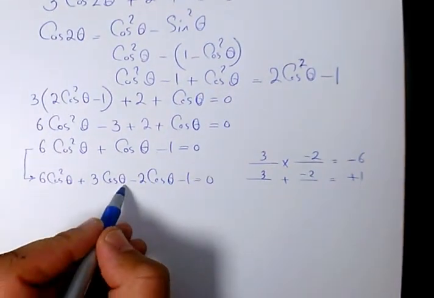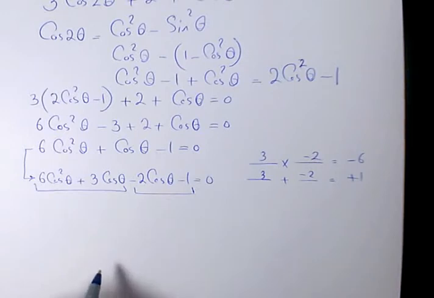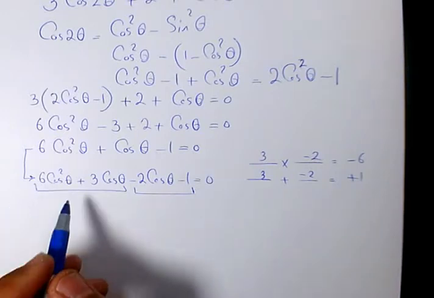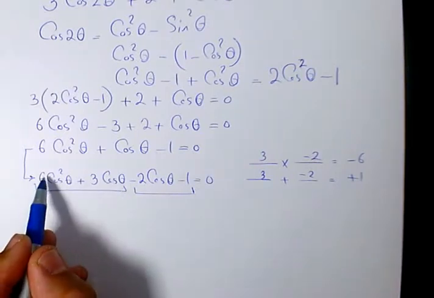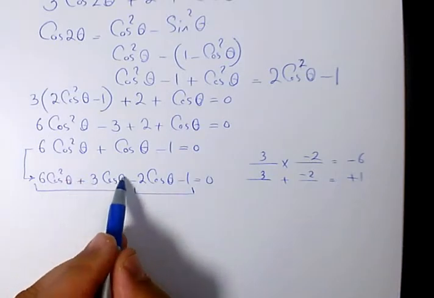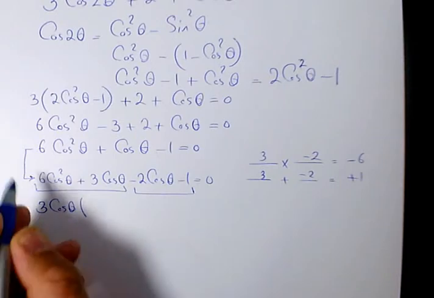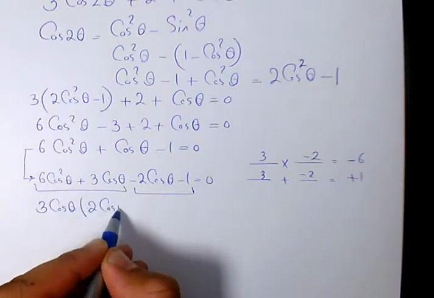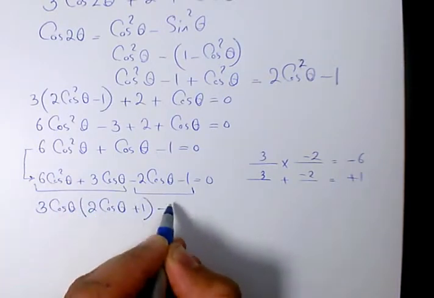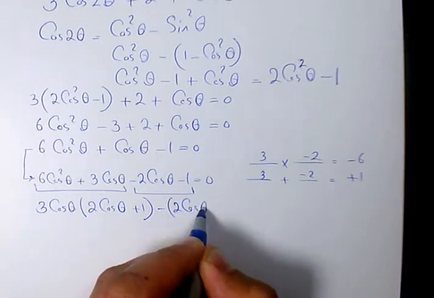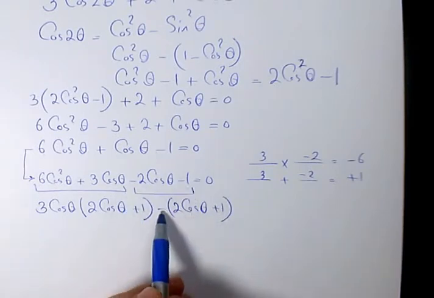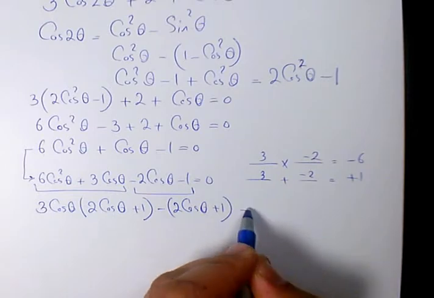Then we have factoring by group. So here we have 6 cosine squared theta plus 3 cosine theta. I need to factor 3 cosine theta. And here we have 2 cosine theta plus 1, 2 cosine theta plus 1. So I factored negative 1 in here, so I got the same thing here.